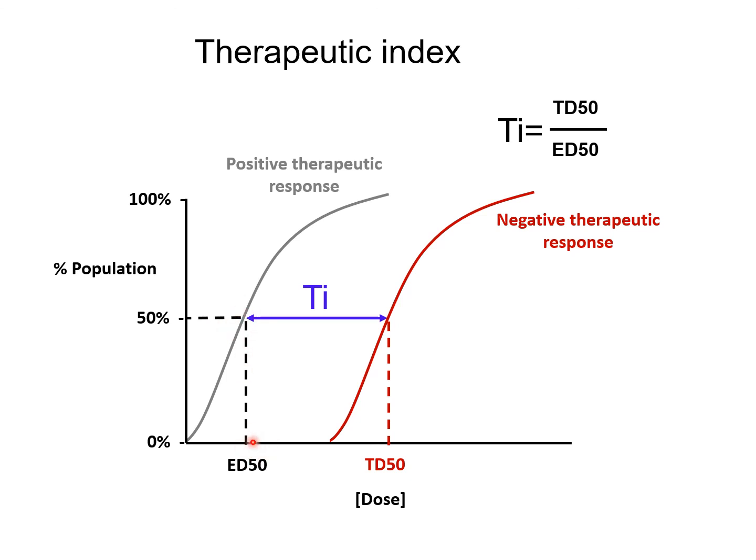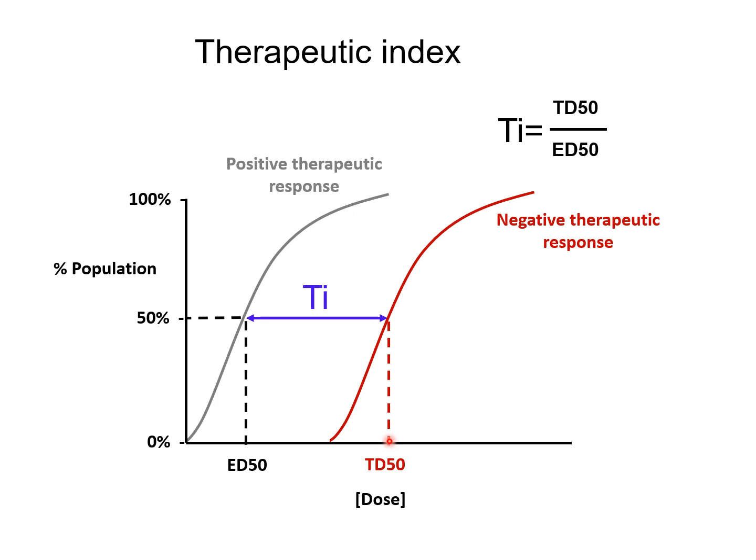So if we were to graph and we need to determine the curve that represents positive therapeutic response and that represents the negative toxic response, then we will come up with two parameters. The ED50 that represents the concentration at which there is a desired effect in 50% of the population, and the TD50, which represents the toxicity at which 50% of the population experience a negative response.